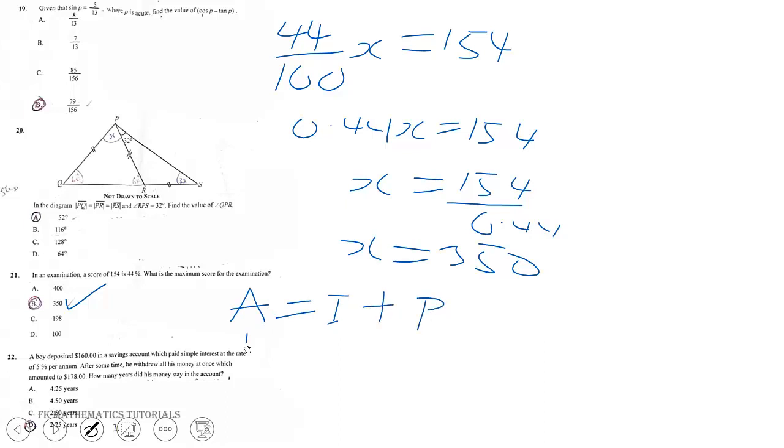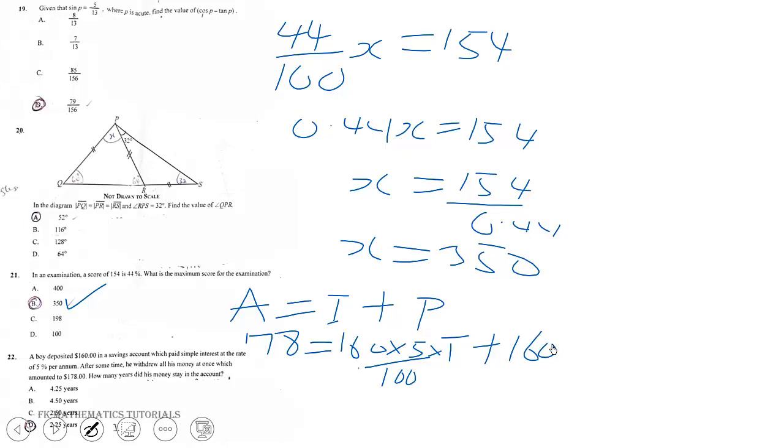So the amount is $178, and the simple interest is principal, which is 160, times the rate, 5/100, times the time we don't know, plus the 160 is supposed to be equal to 178. So we have to solve this equation for t.